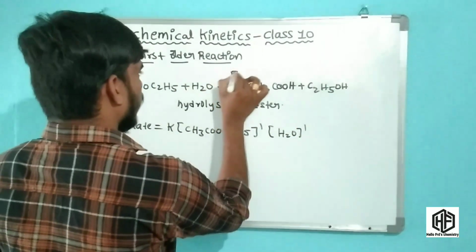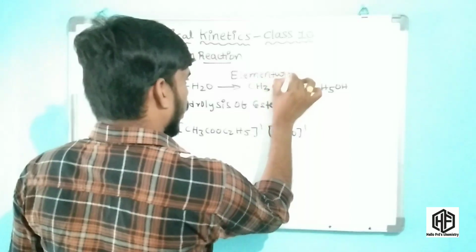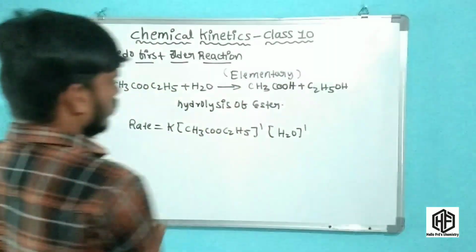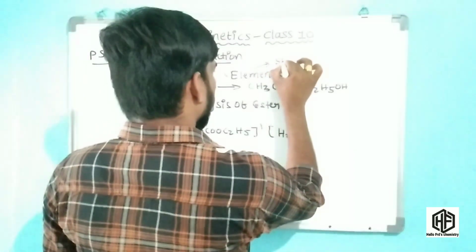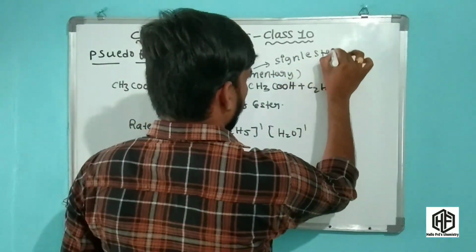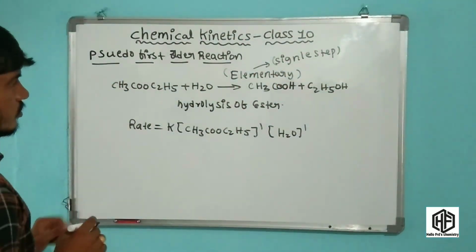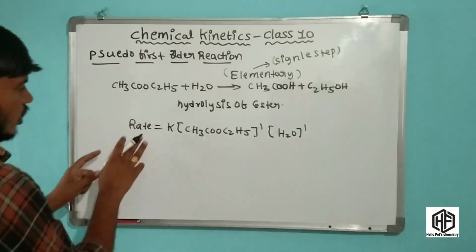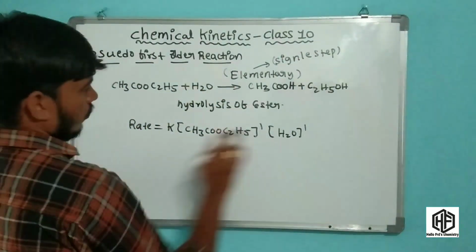This is the elementary reaction. Friends, this hydrolysis of ester is the elementary reaction. This reaction is complete in a single step. Now the rate is K into concentration of ester into concentration of water.